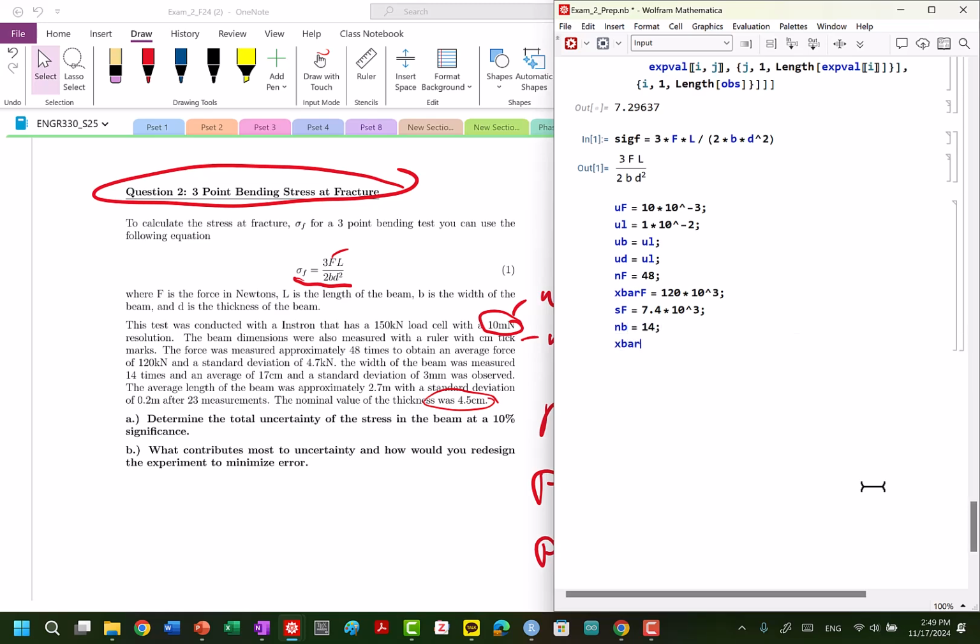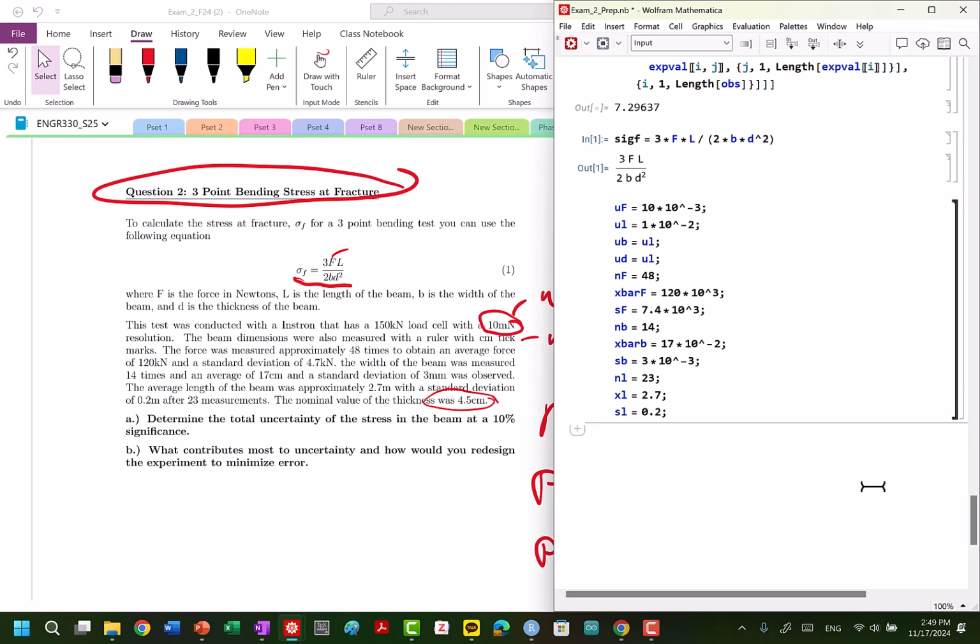X bar B is equal to 17 times 10 to the minus 2. S B is equal to 3 times 10 to the minus 3 millimeters. Excellent. And then N L is equal to 23. X L is equal to 2.7. And S L is equal to 0.2.